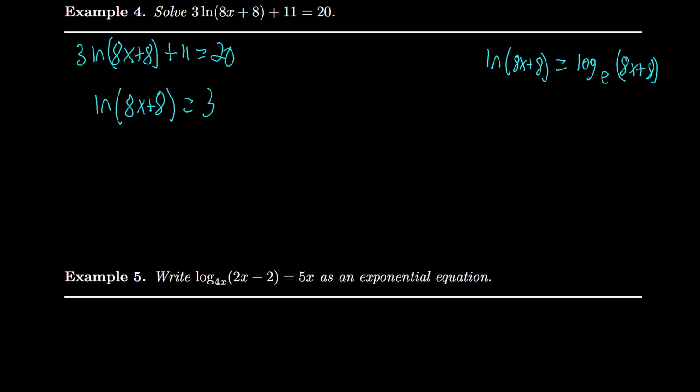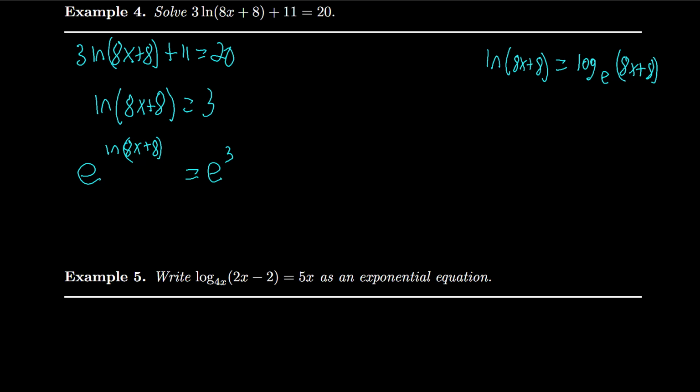If you want to get rid of the log base e, then you're going to take this whole thing and make it a power of e. This is going to become the power of e on this side, and this is going to become the exponent for e on this side, just like this. e to the natural log of 8x plus 8 equals e to the third power.